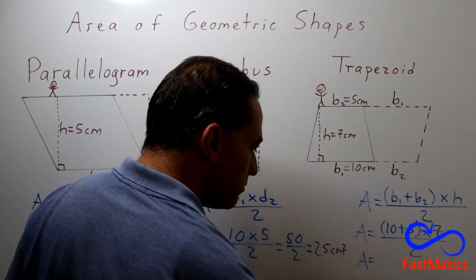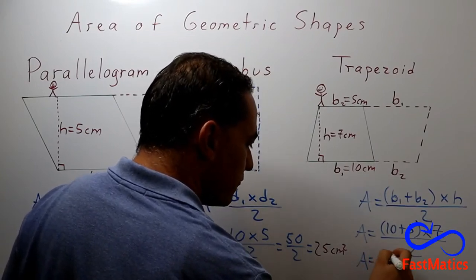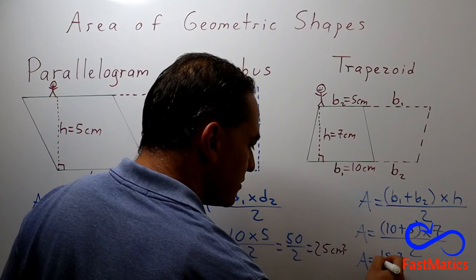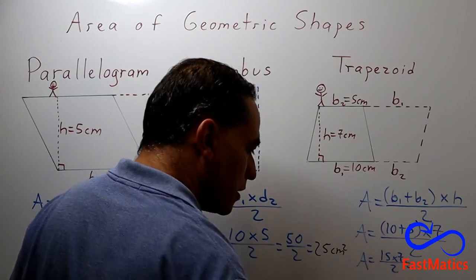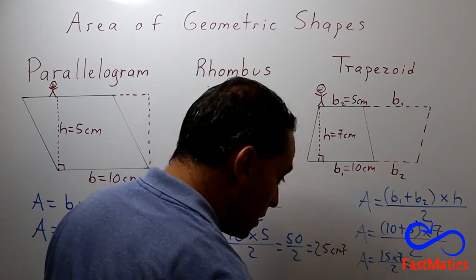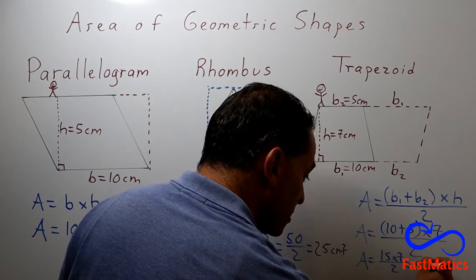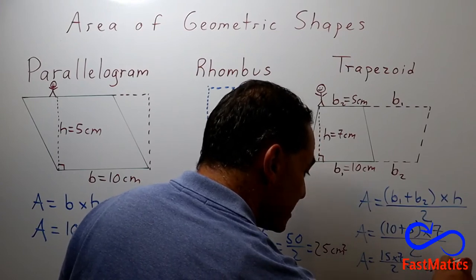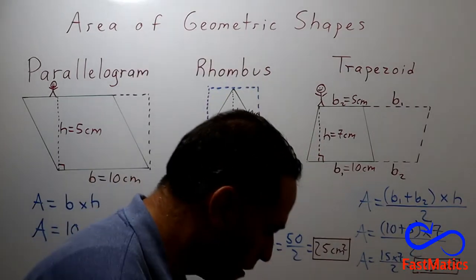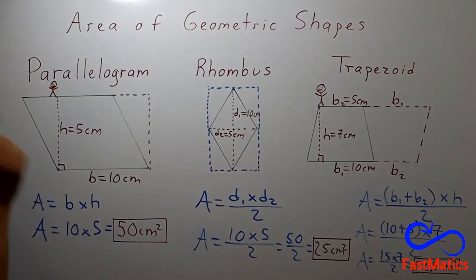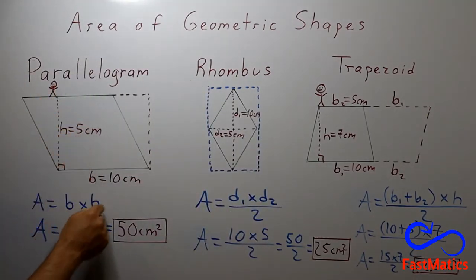So the area will be 15 times 7 divided by 2 equals 52.5 centimeters squared.